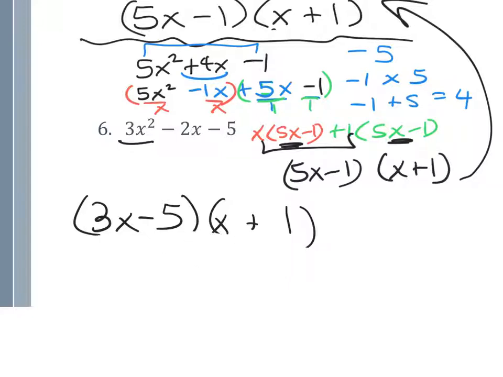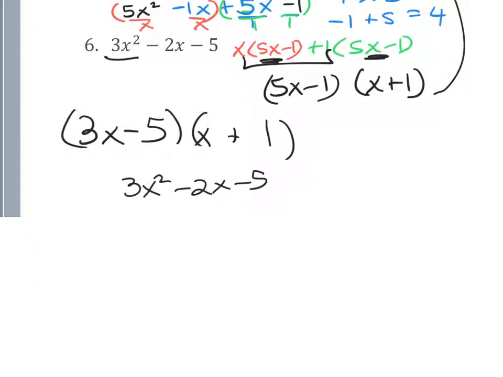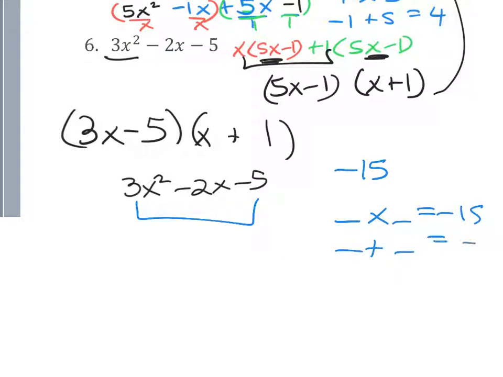So again, let me rewrite the problem. Again, you're going to multiply beginning and end. Two numbers that'll multiply to give me negative 15, but add to give me negative 2. So we can see that's going to be 3 and 5, and the 5 is going to be negative.